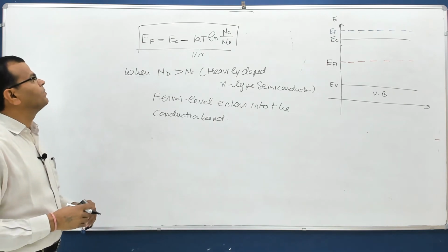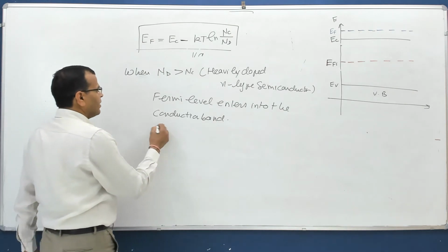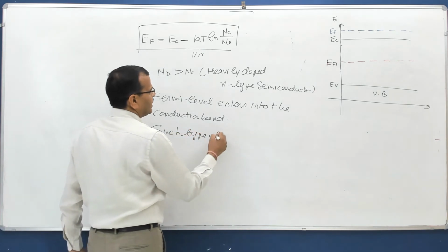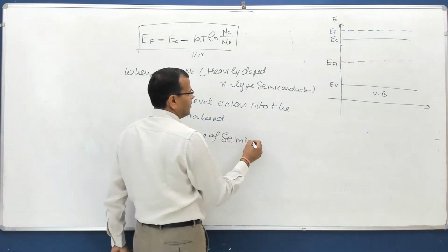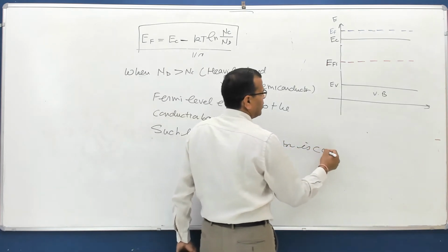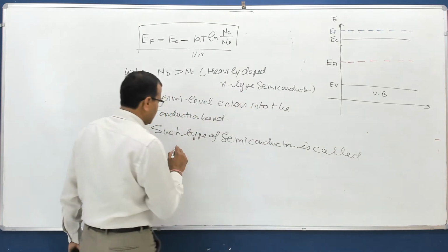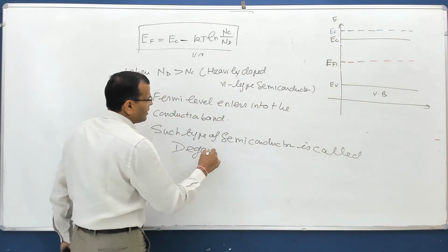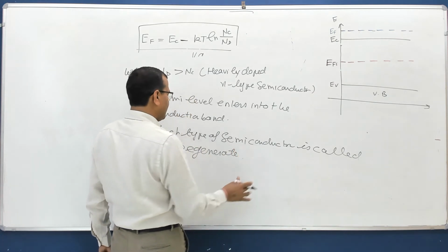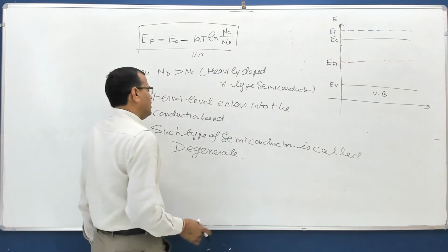Now such a type of semiconductor, remember this, is called a degenerate semiconductor.